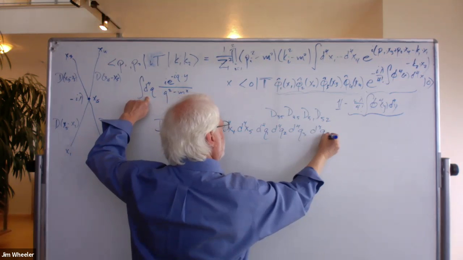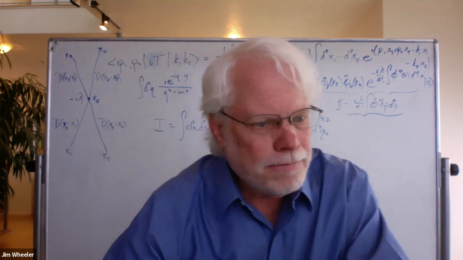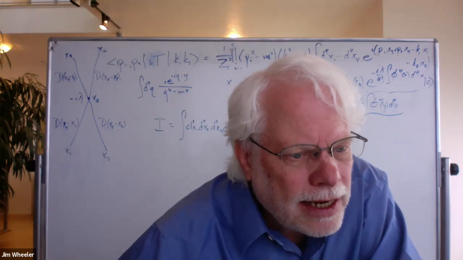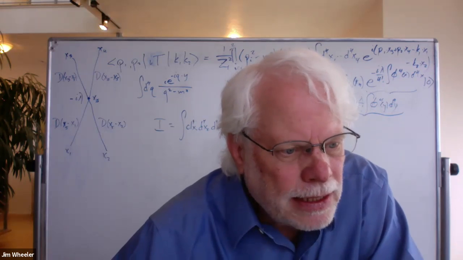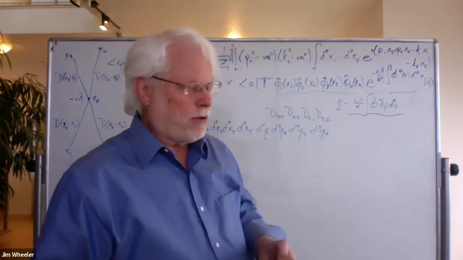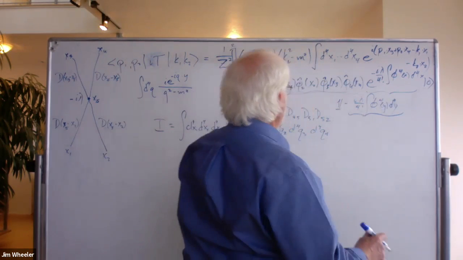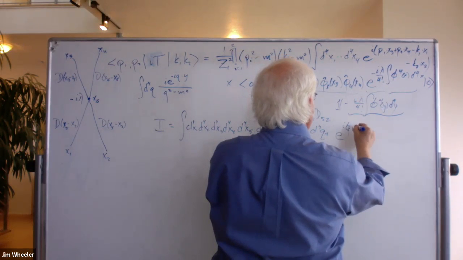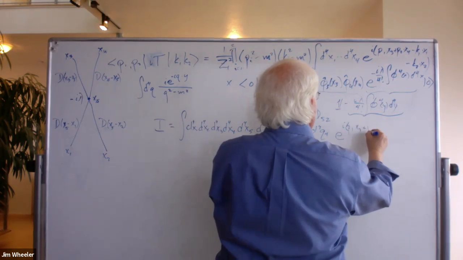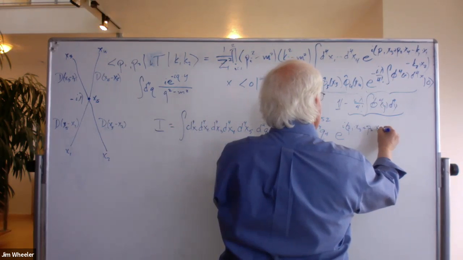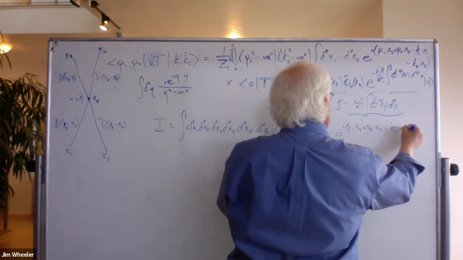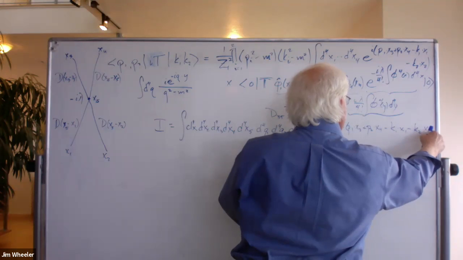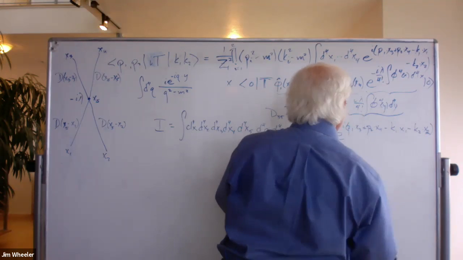Let me check this in my notes to make sure I've got it right. Yeah, q1 through q4 and x1 through x5. Then we've got the 4 propagators and this exponential. So there's the exponential of I, and this is the same for all of these things, x3, p2 with x4 minus k1 with x1 minus k2 with x2, like that.